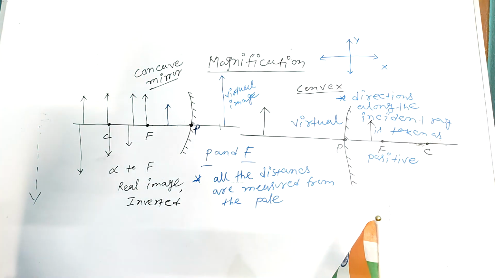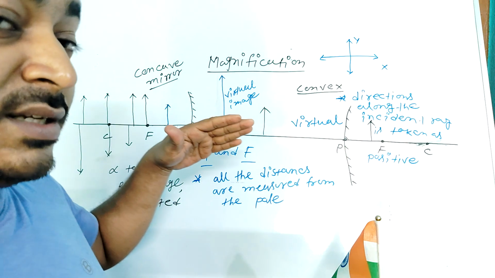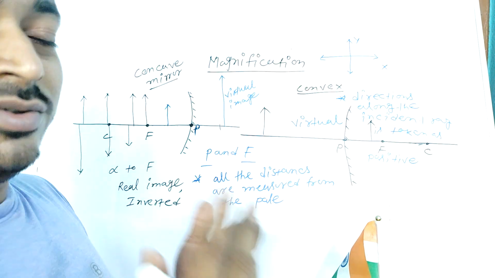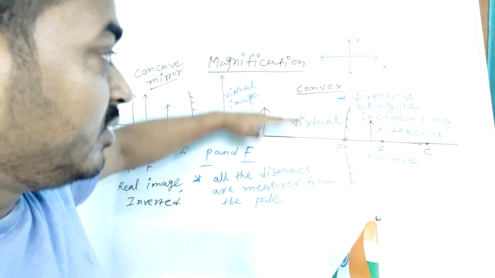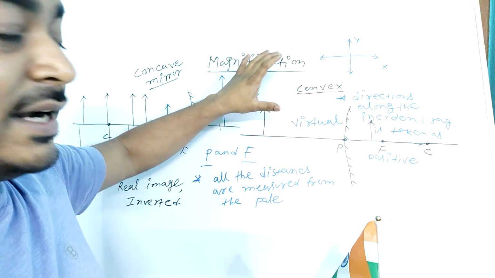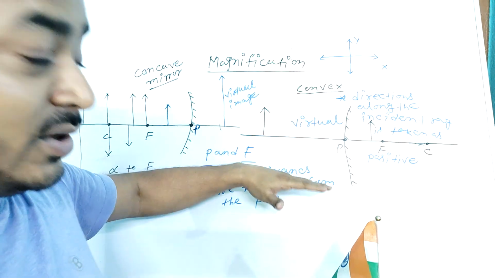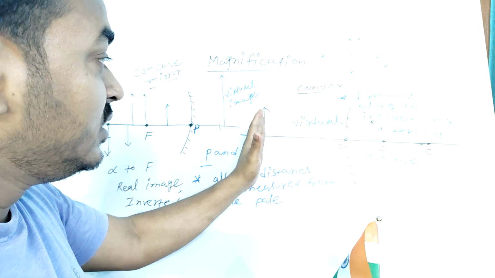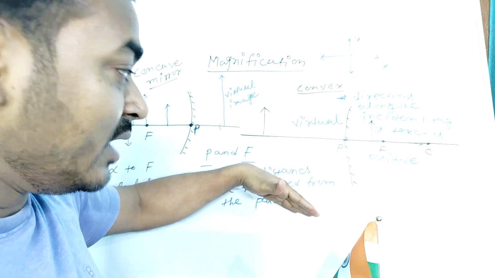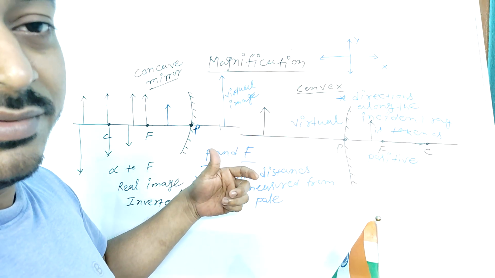Same concept, but in a different way. Direction along the incident ray is positive, and opposite is negative. All heights above the principal axis are positive, and below the principal axis they are negative.